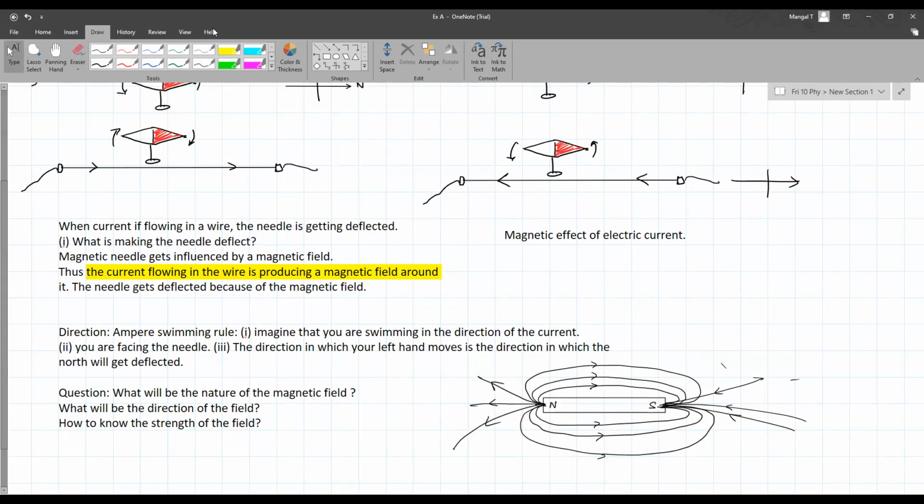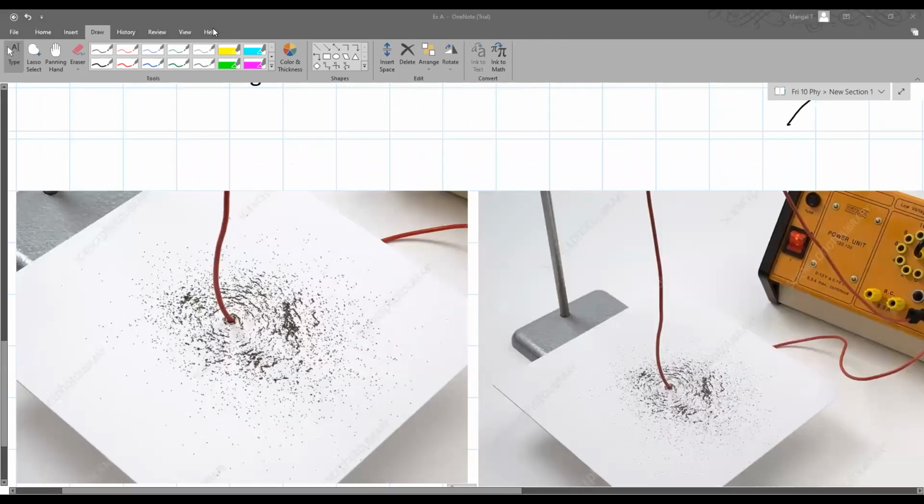And then we will sprinkle iron filings. I'll show you what it will look like. The experimental setup will be something like this.